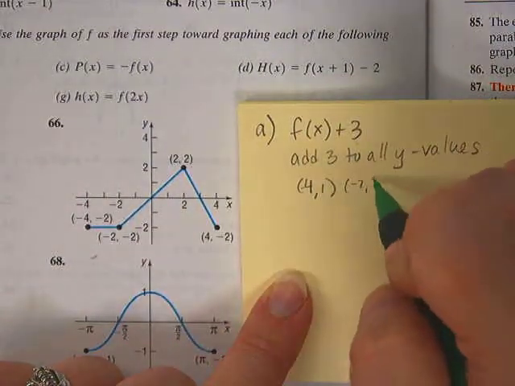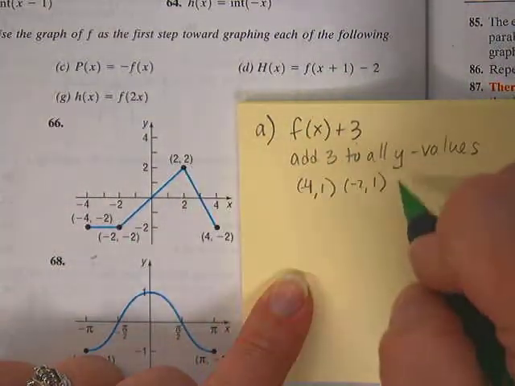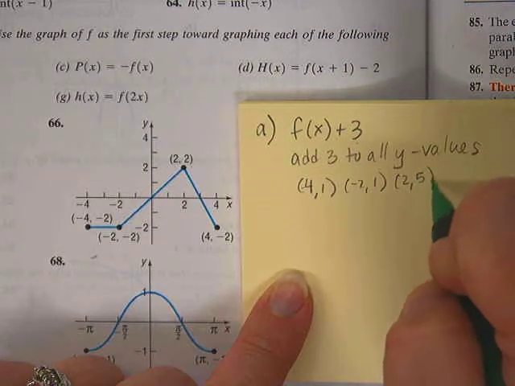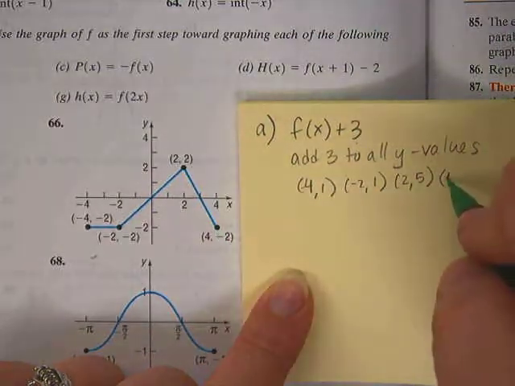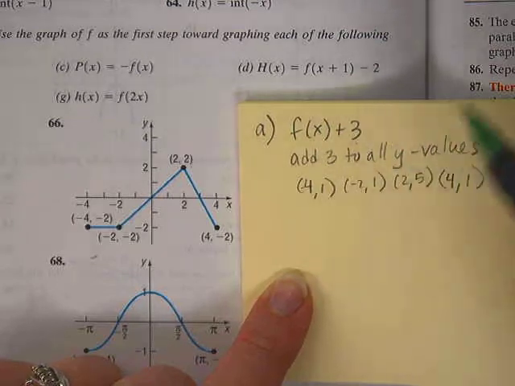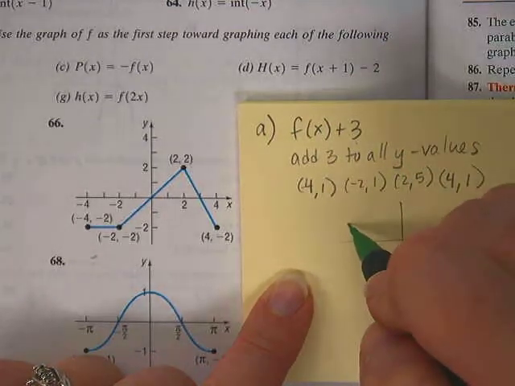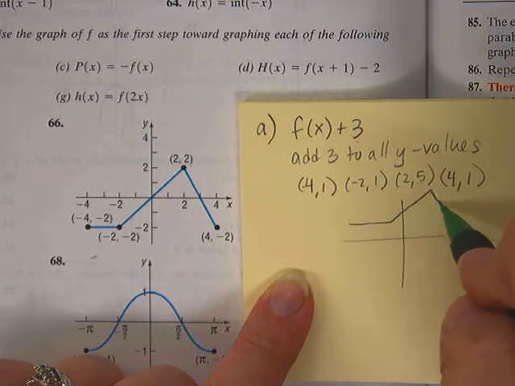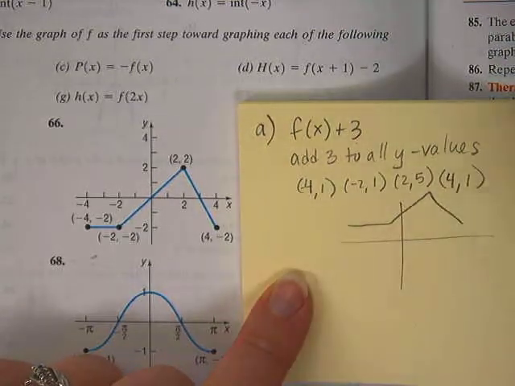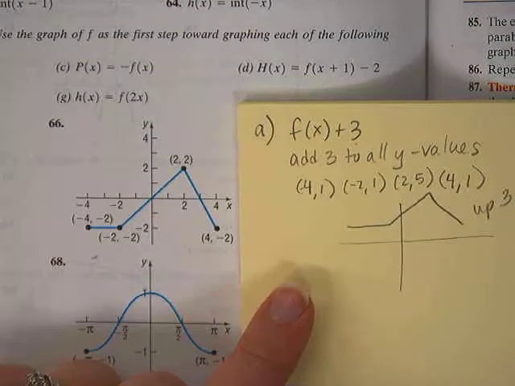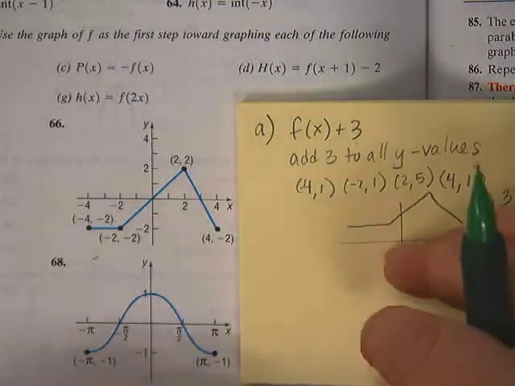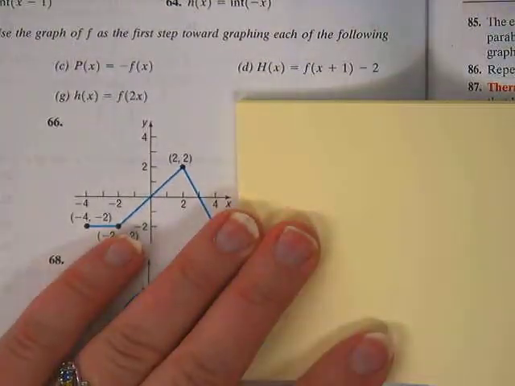And then you'll have a point at -2, 1. And then you'll have a point at 2, 5. And you'll have a point at 4, 1. And what does that end up doing to the entire graph? Raises it up by 3. Does that make sense? Okay.